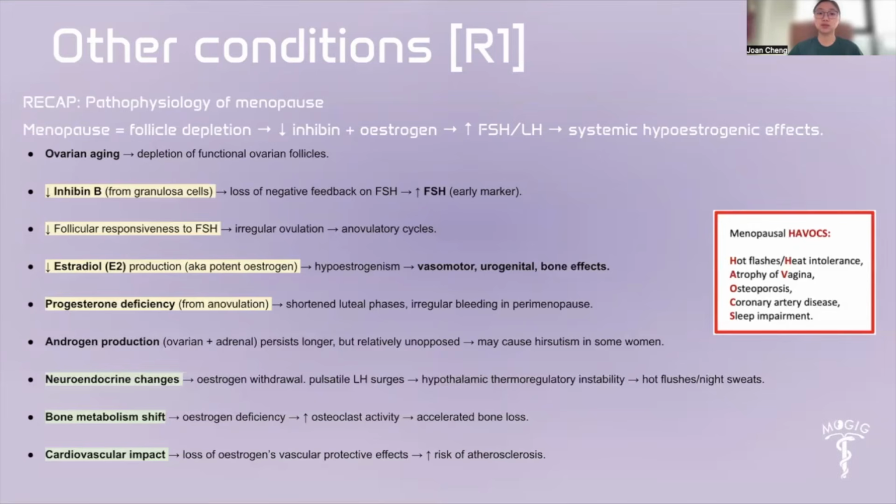Bone metabolism is caused by increased osteoclast activity and accelerated bone loss, and that's why people commonly get osteoporosis post-menopause. And it also has some cardiovascular impact, so you're at an increased risk of atherosclerosis.